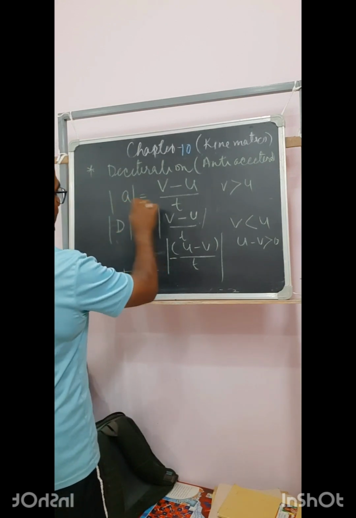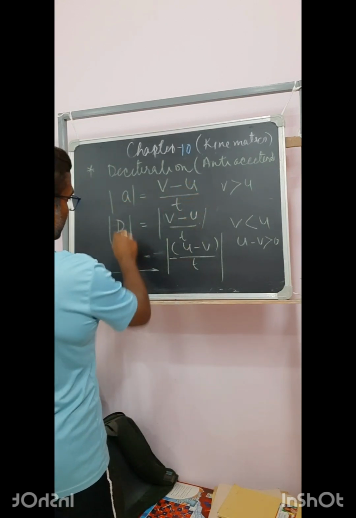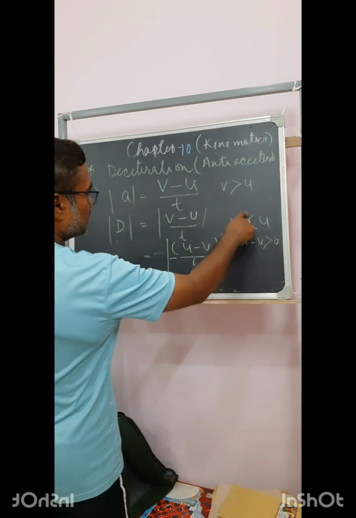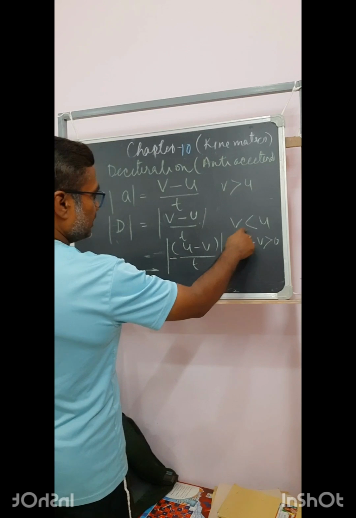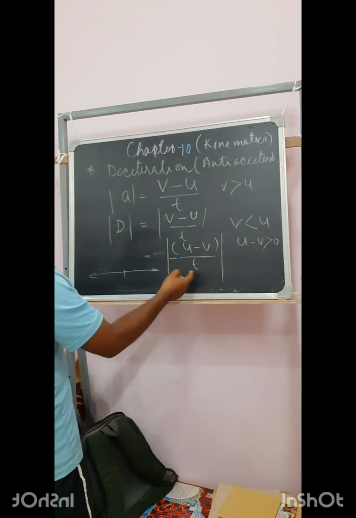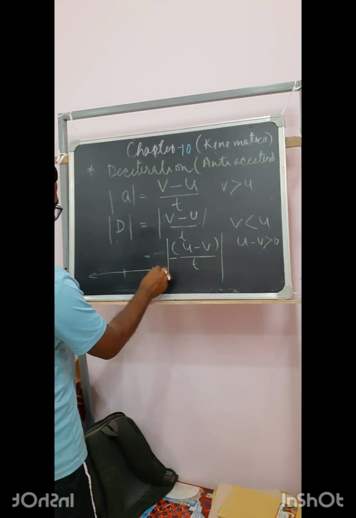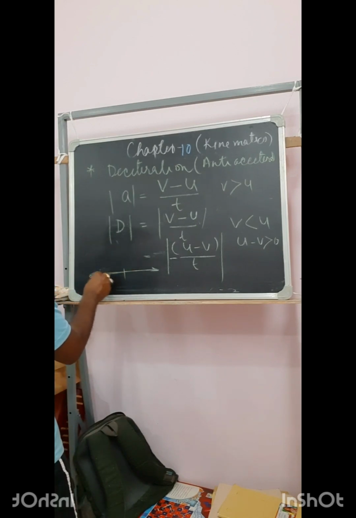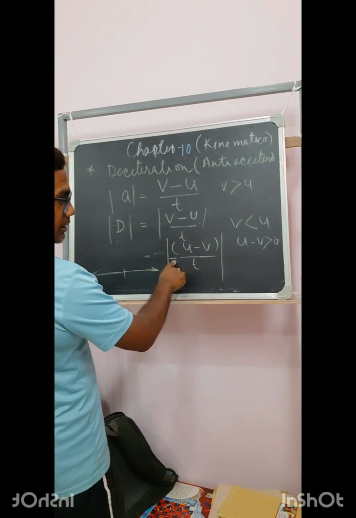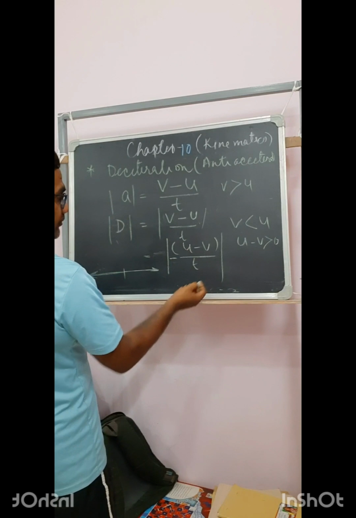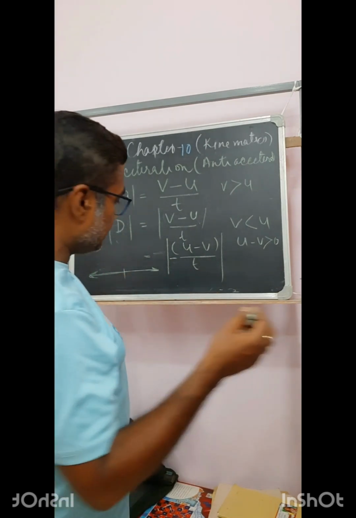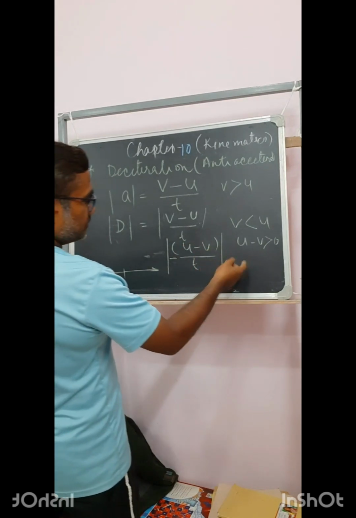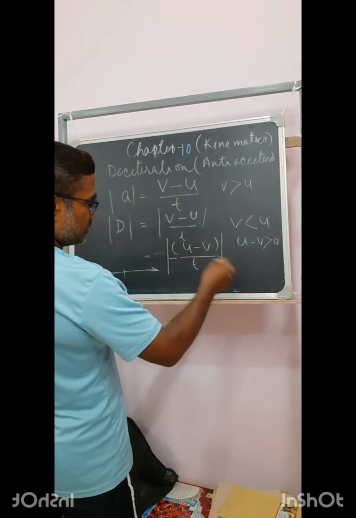If mod A is giving this value and mod D is this value, for this case v greater than u, for this case v less than u, magnitude wise both are the same. If two vectors are the same in magnitude but differentiated by a negative sign, these are negative vectors. We have learned that negative vectors have the same magnitude but directions 180 degrees apart, opposite.